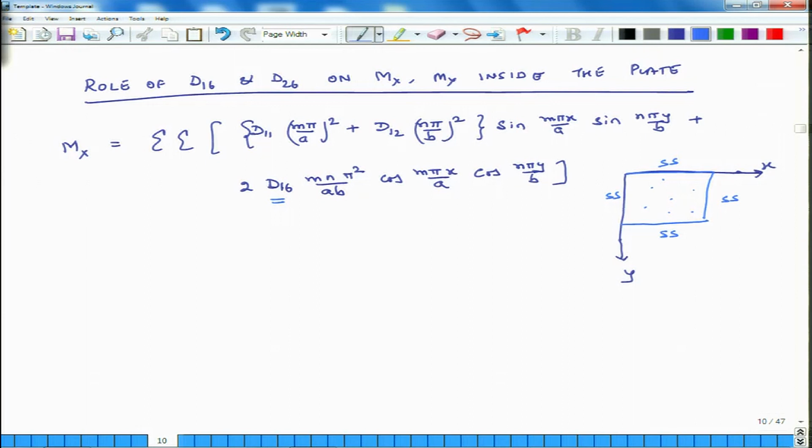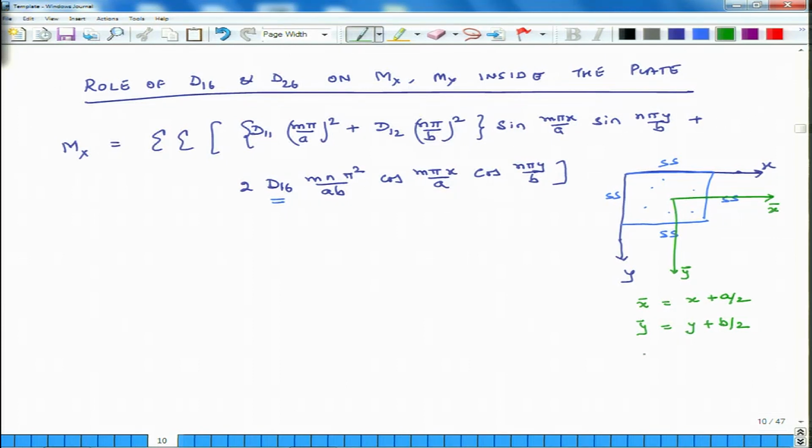To do that, probably a better choice of coordinate system would be to have the coordinate system located at the midpoint. So, this is my new coordinate system; let us call this x bar and this y bar. x bar is equal to x plus a over 2, and y bar is equal to y plus b over 2.